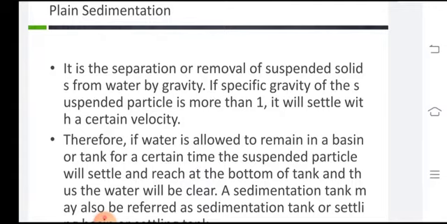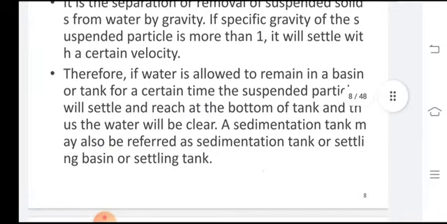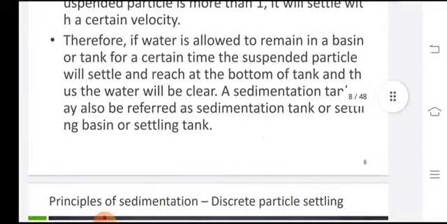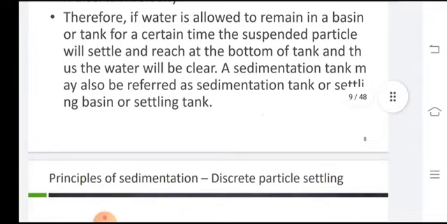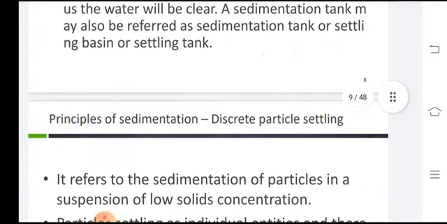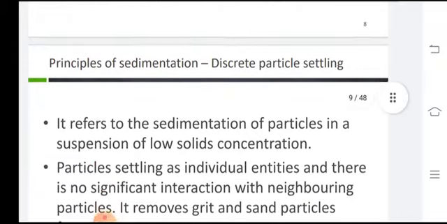Therefore, if water is allowed to remain in a basin or tank for a certain time, the suspended particles will settle and reach the bottom of the tank, and finally the water will be clear. The sedimentation tank may also be referred to as a settling basin or settling tank.